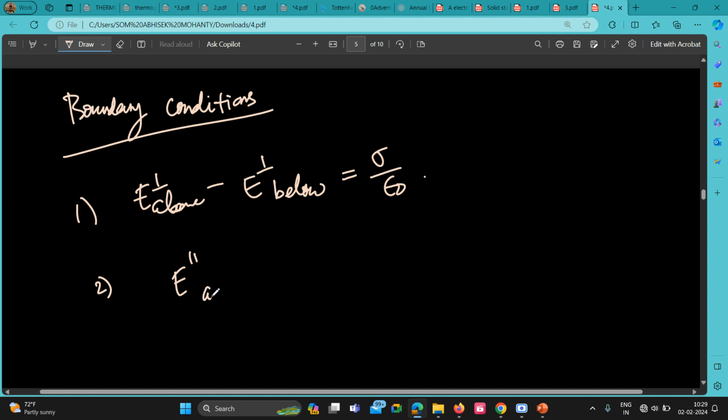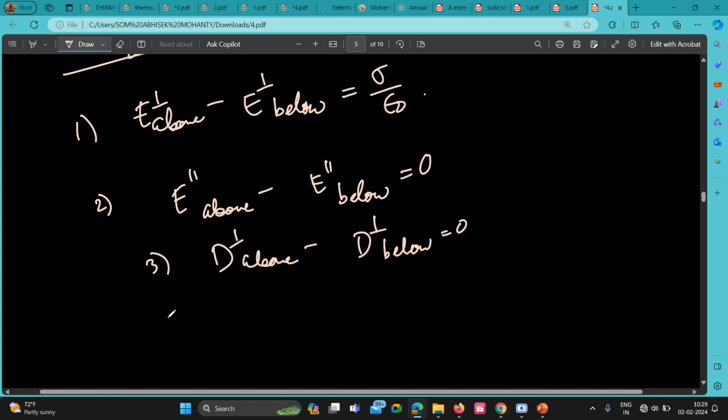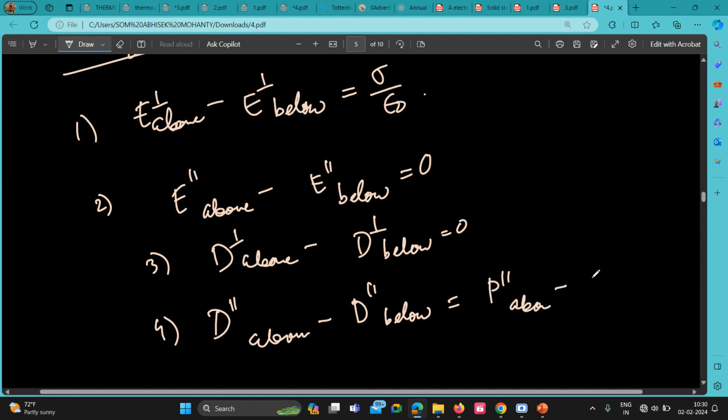E parallel above minus E parallel below is equal to 0. D perpendicular above minus D perpendicular below is equal to 0, and D parallel above minus D parallel below is the polarization parallel above minus parallel below. Is that alright?